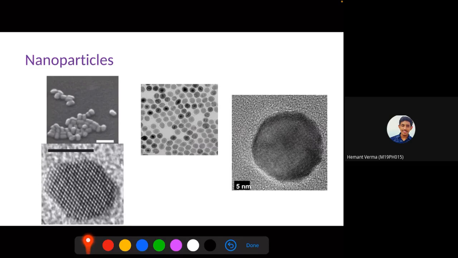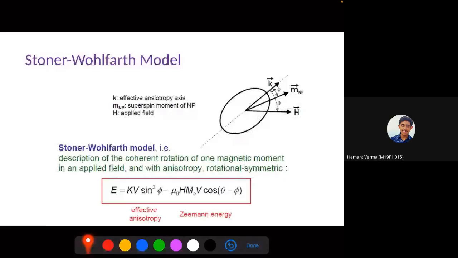So to understand these single domain particles, there are different models which exist. Normally when we talk about a ferromagnetic particle, you can study its behavior under a magnetic field, obviously, right?